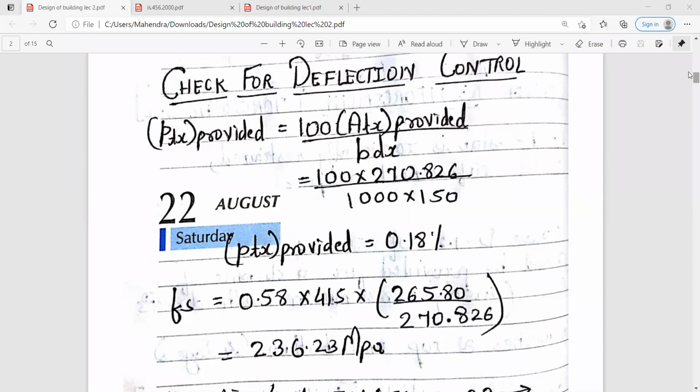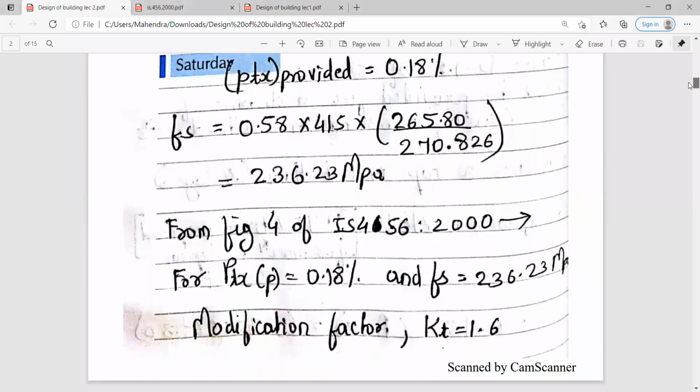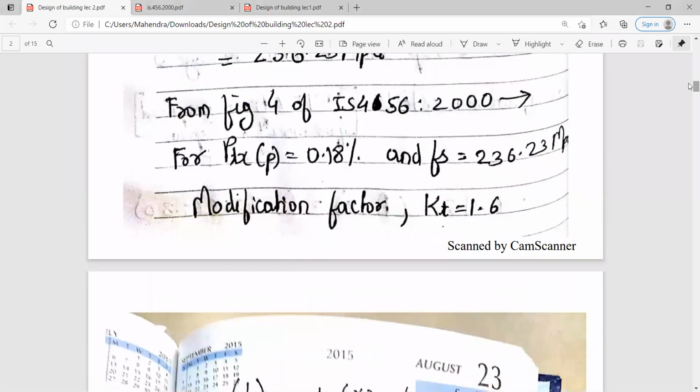So after calculation of Fs, you need to calculate the modification factor. How will you get it? The percentage you had already calculated, that is 0.18%, and Fs you just calculated.